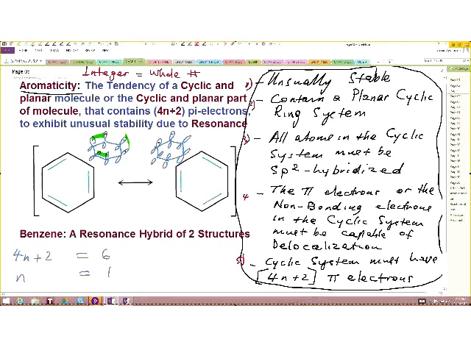We have electrons here, here, here, here, here, and here.